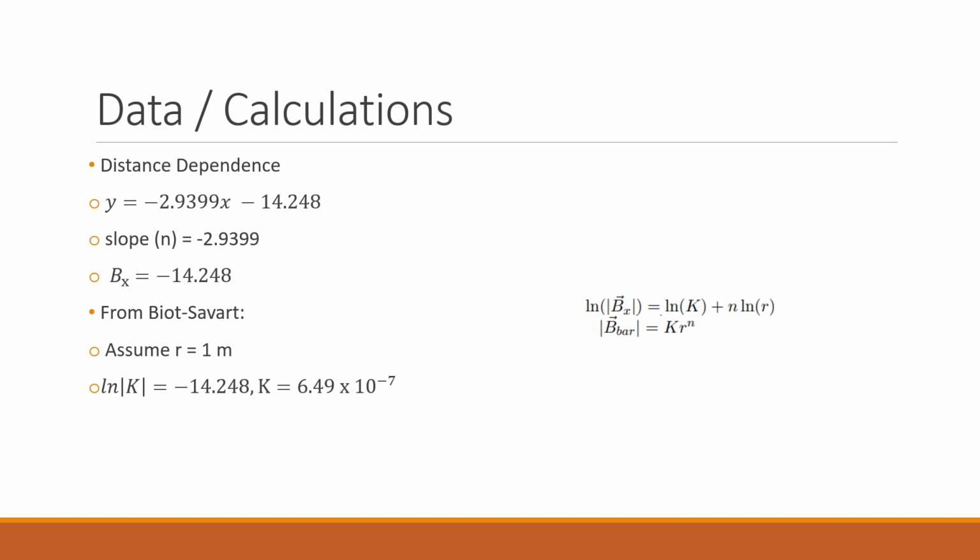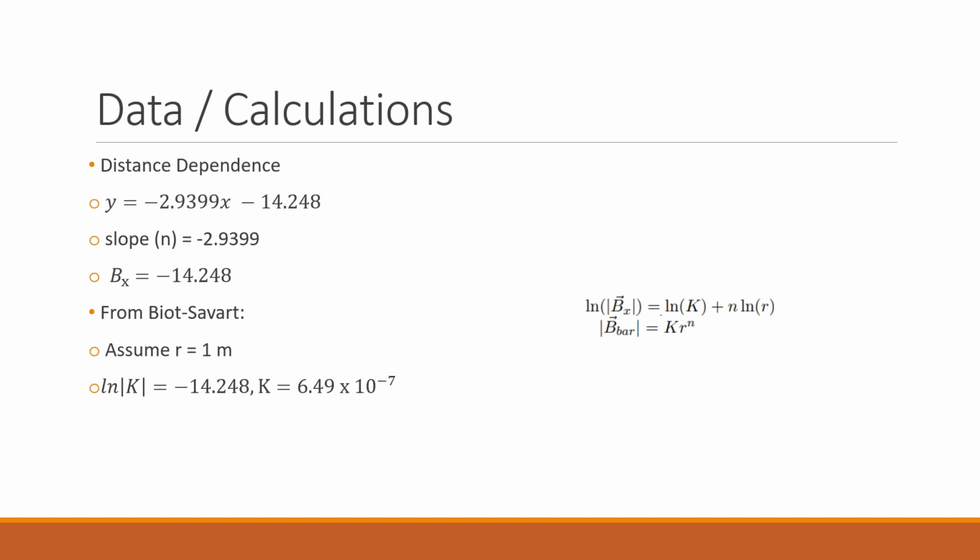Just to recall, I have printed the Excel equation that I got again. So y equals negative 2.9399x minus 14.248. Now that negative 2.9399 is the slope, which is represented by n, and that y-intercept of negative 14.248 is the ln of b sub x.